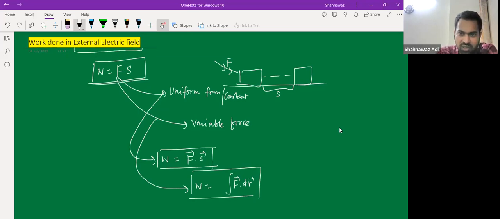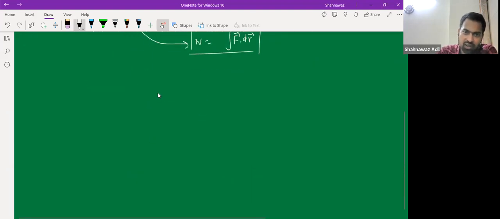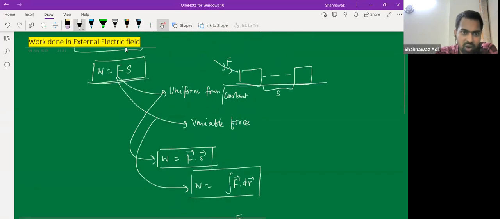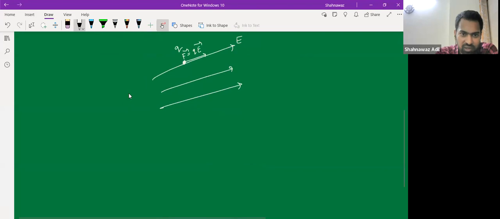In the previous chapter we learned that whenever we have some kind of electric field and we place some charge here, this charge will experience some force, and that would be equal to QE, in the direction of the electric field. Is that clear, guys? Right, so what would be the work done in the case of the external electric field?